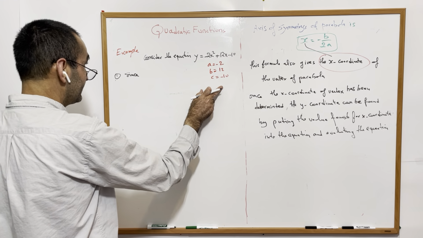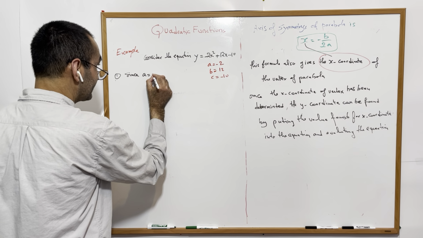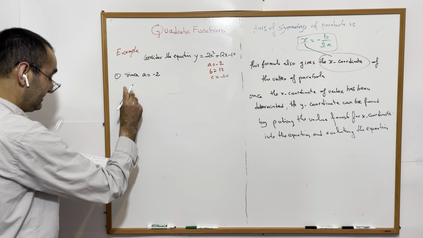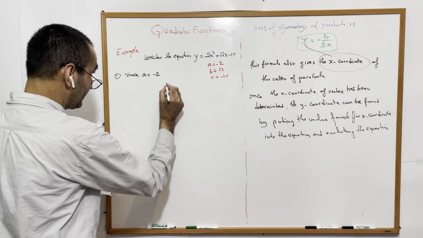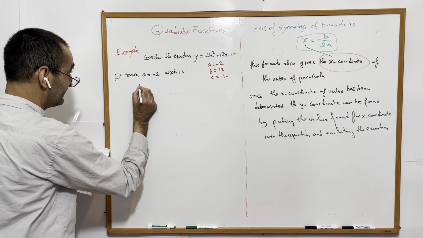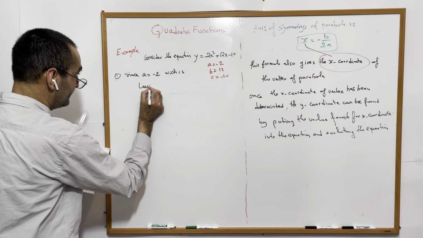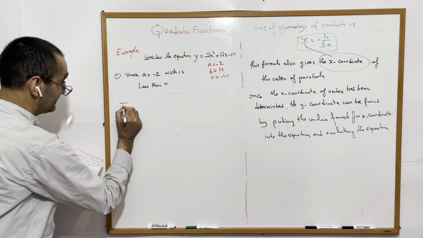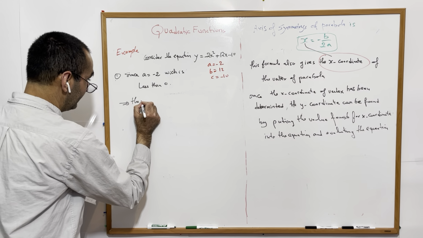Since a equals minus 2, which is less than 0, what does that mean for the parabola?